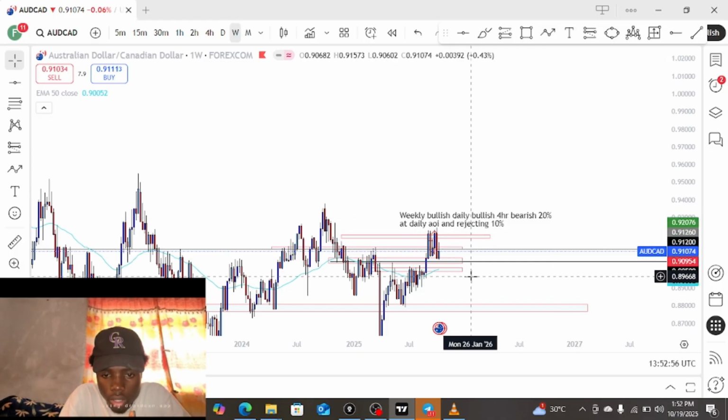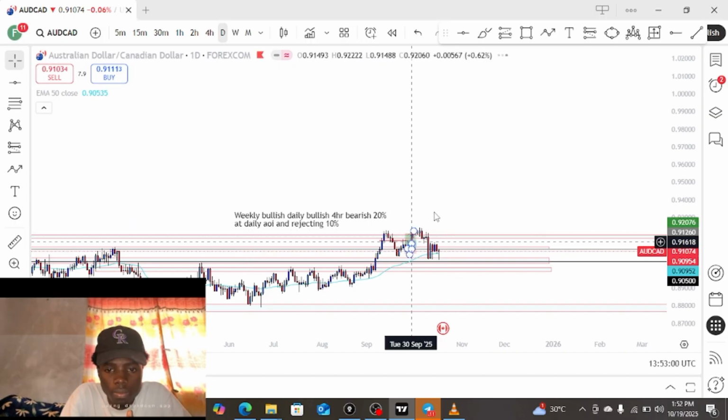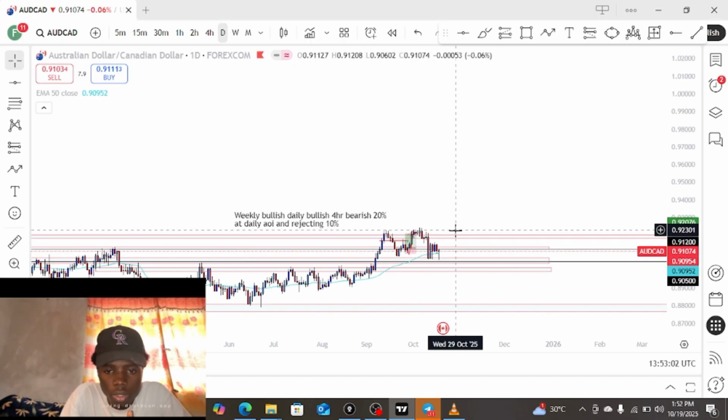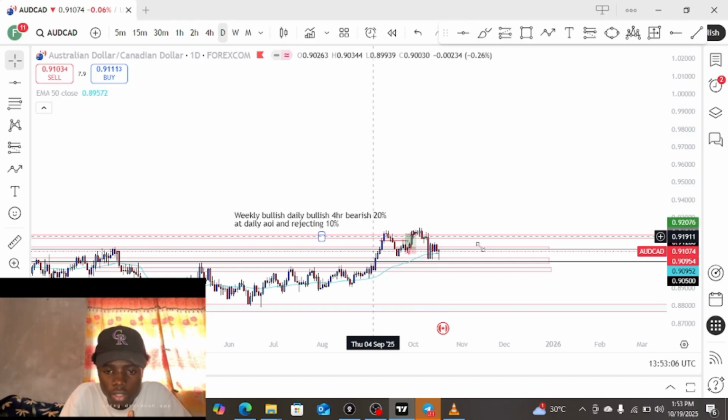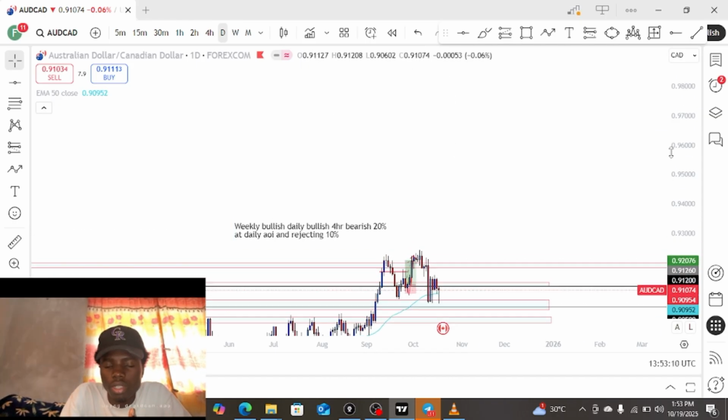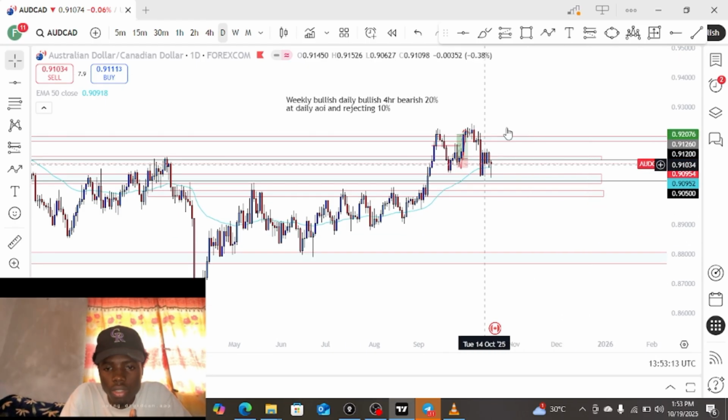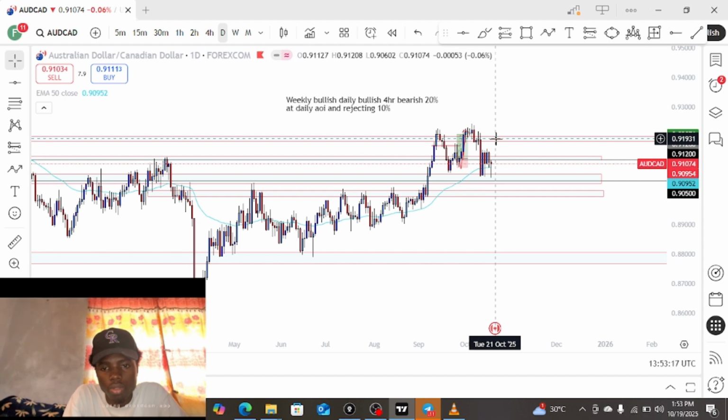High, high, low. This is not giving me that energy and the vibes to take the trade. Look at this. Not interested in the AUD card as well. Go to the phone and see.